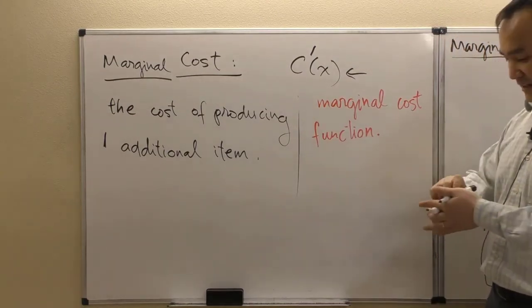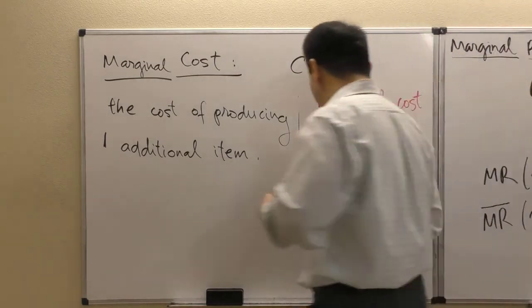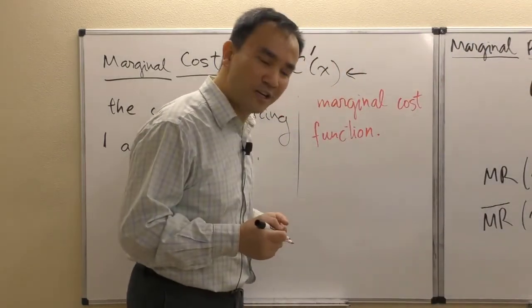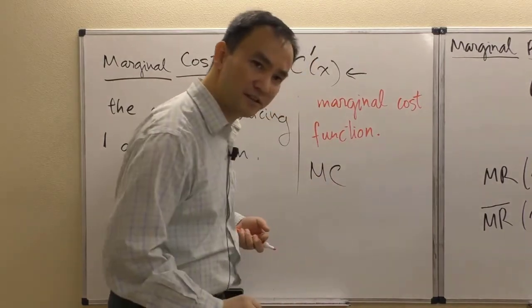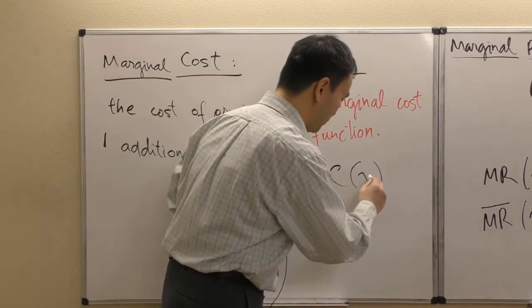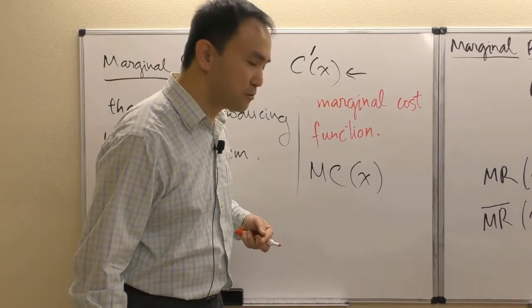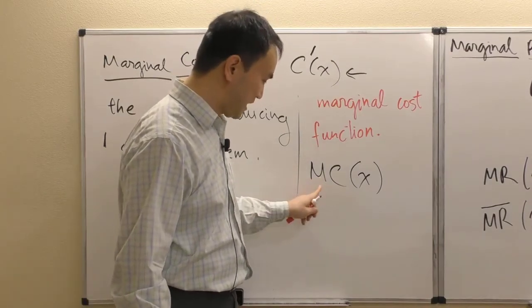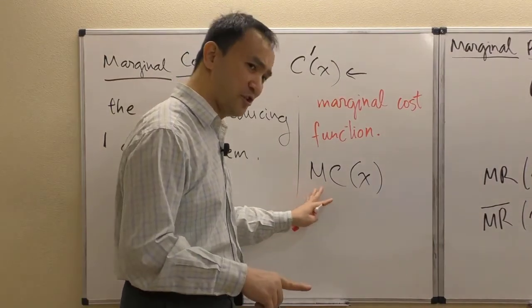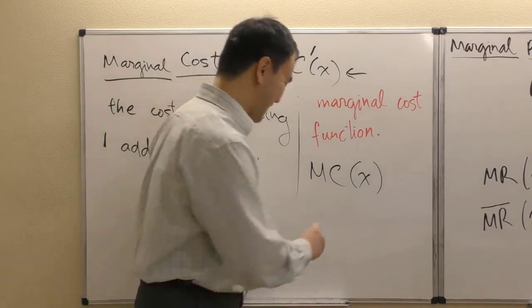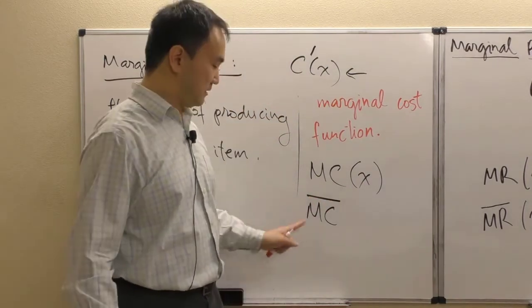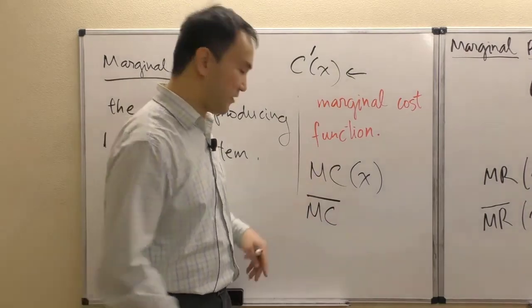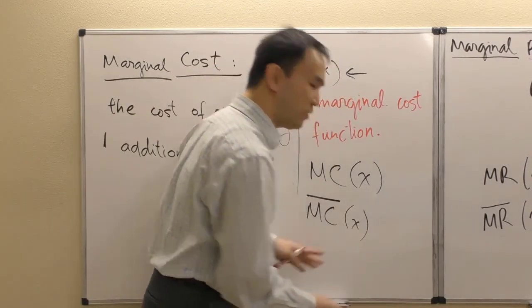But for my students to be aware of, some textbooks use the symbol MC right here, or sometimes with a pair of parentheses, that stands for marginal cost. Even some textbooks use a symbol like this, MC with a bar, as a function or without a function.